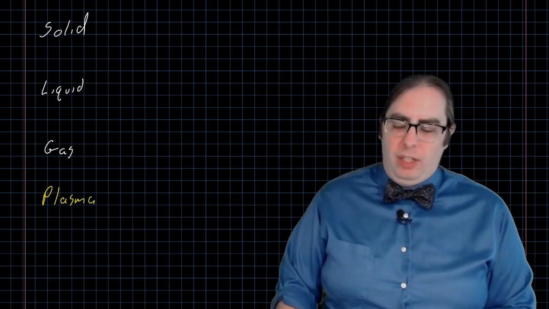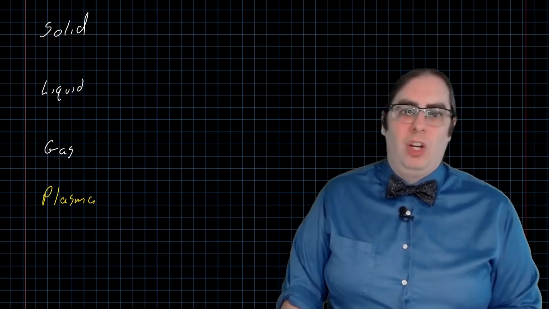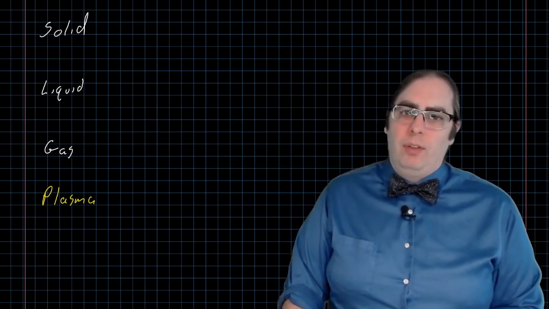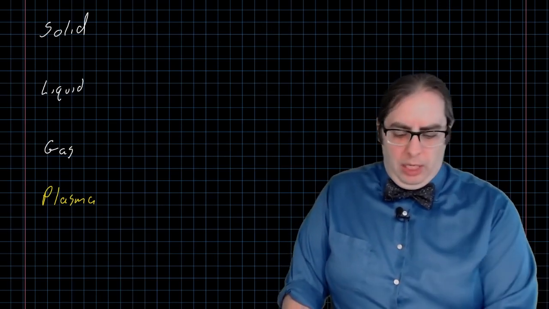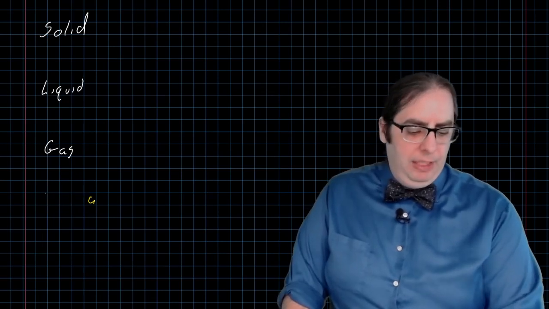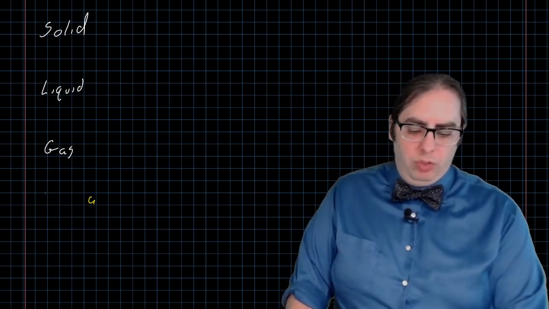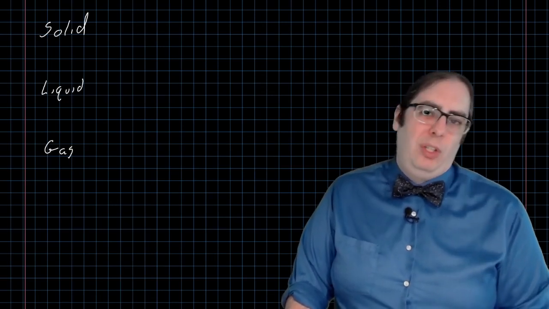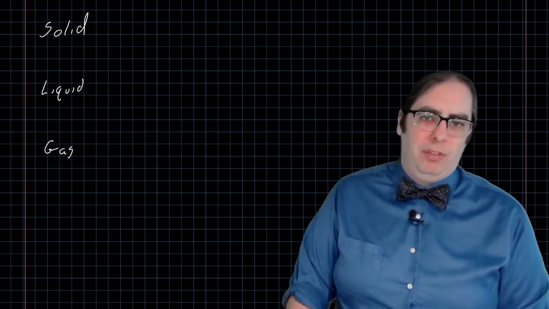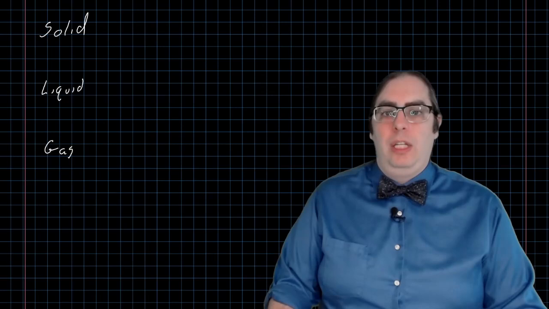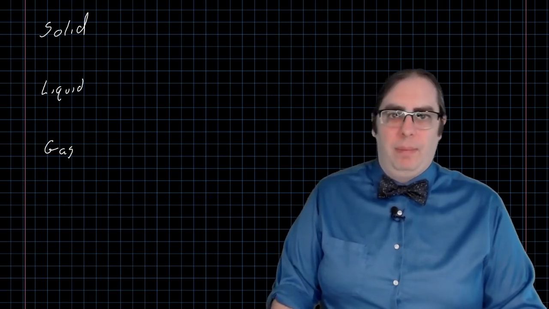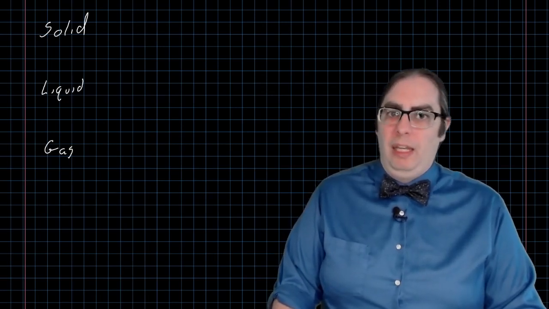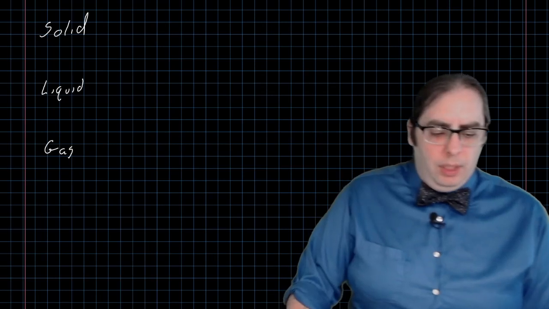Plasmas are an exotic form of matter that exists in stars and very rarely anywhere else. I don't have the means of showing you something that is made of a plasma in this course, so we're going to ignore it and pretend it doesn't exist for now. If you continue on in your study of physics, it might become useful in a future course.